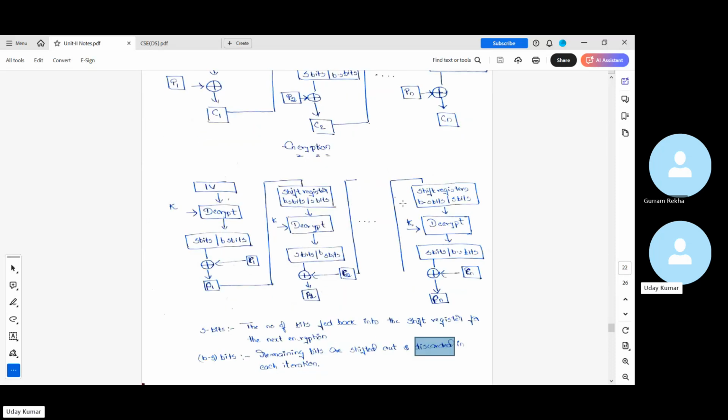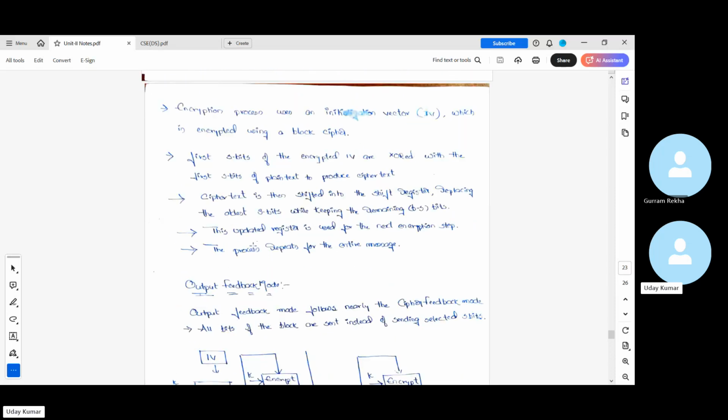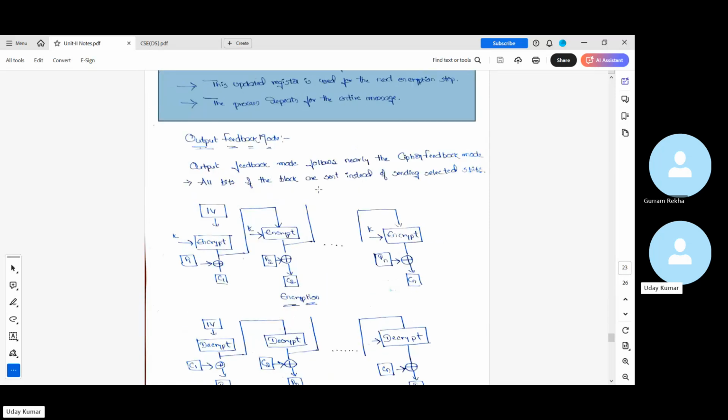The diagrammatic explanation is given here, students. And next, the output feedback mode. It follows the same idea as cipher feedback mode, but all the bits of the block are sent instead of sending only the selected S bits.